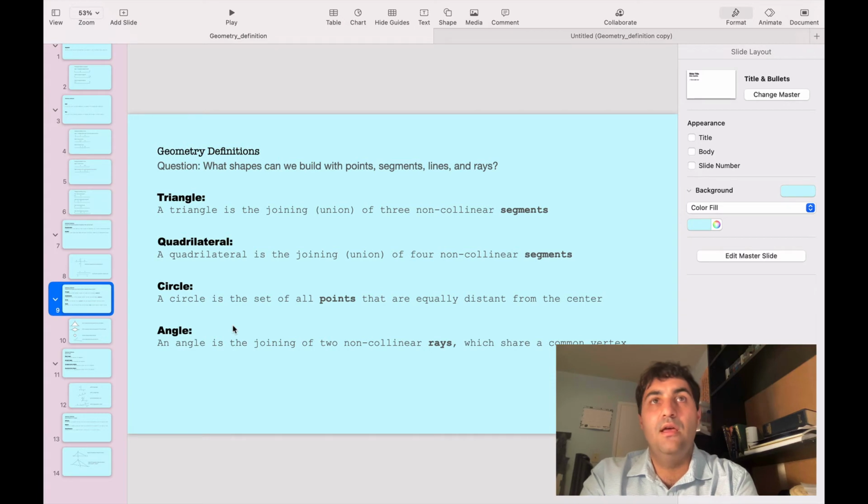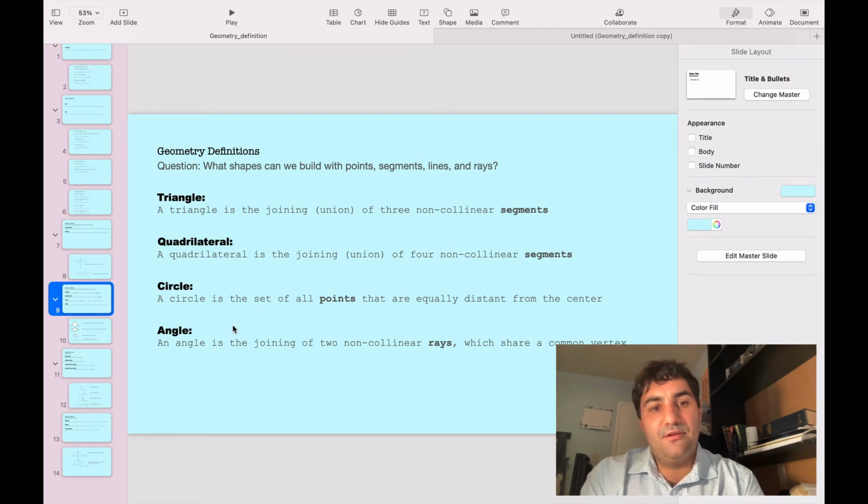If we look at the center of the circle, we can pick a point, using a ruler or something like that, that's 1 foot away from the center, and then pick another point that's different from the first point, but also 1 foot from the center. If we pick infinitely many points and join these points together, you get a circle.